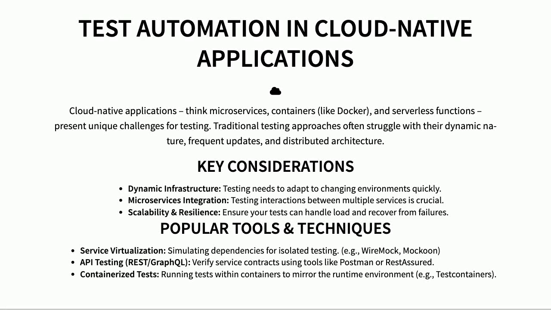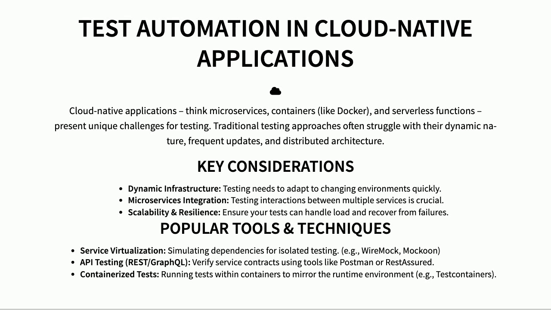Okay, let's talk about how we test cloud native apps. These applications are built in a really different way than traditional software. They are often made of lots of tiny pieces that work together. That means our testing needs to be flexible and able to handle these changes. We need to think about things like the constantly shifting infrastructure, making sure all those microservices talk correctly to each other, and ensuring our tests can scale up when a lot of people are using the app and still recover if something goes wrong.